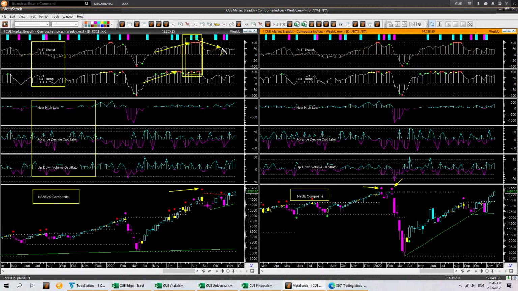We may also look for divergence in thrust and jump in the weekly charts. That is probably the only time I look at divergence of any indicator. They tend to be very reliable. Many divergences are not reliable. Thrust and jump divergence are reliable and I use them on the weekly interval. Daily interval may not be giving any signal.